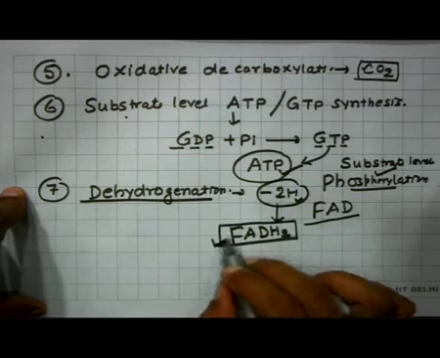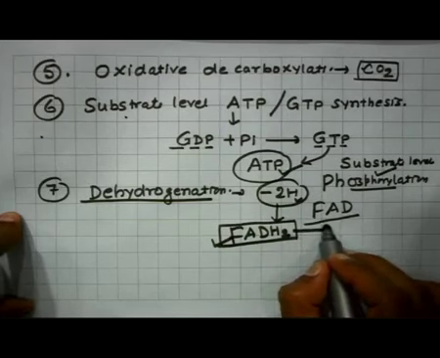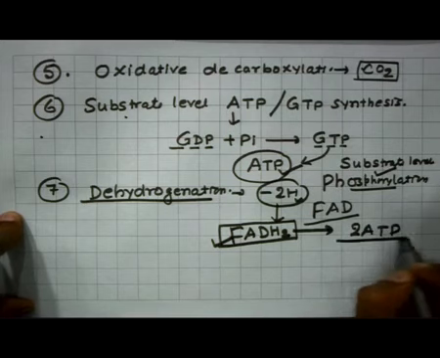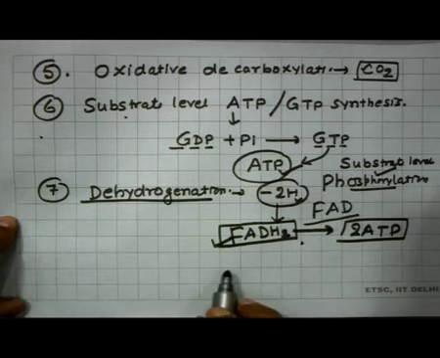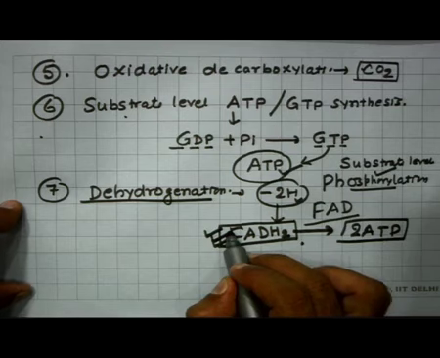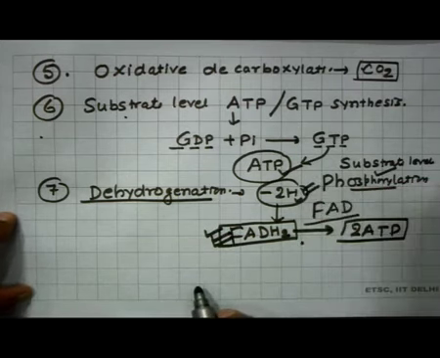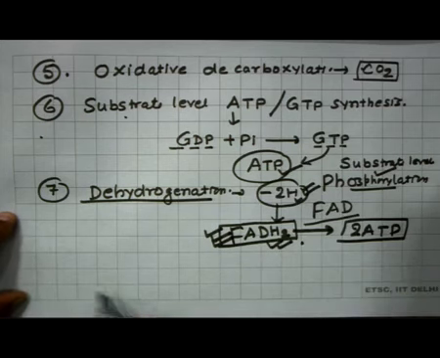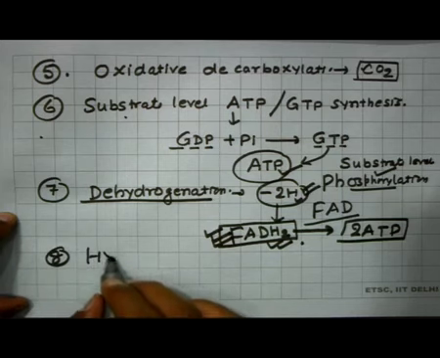These are the reduced coenzymes, FADH2. It is converted into 2 ATP in the oxidative phosphorylation process. So, it is the first step where, for acceptance of hydrogen atoms, NAD is not used; FAD is used and converted into ATP. Now, the 8th reaction is hydration.